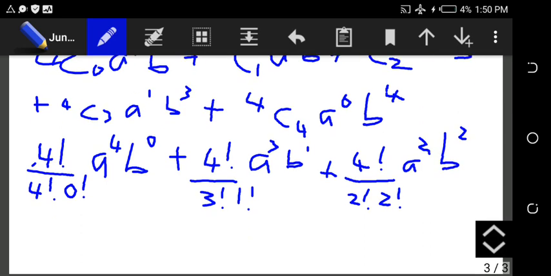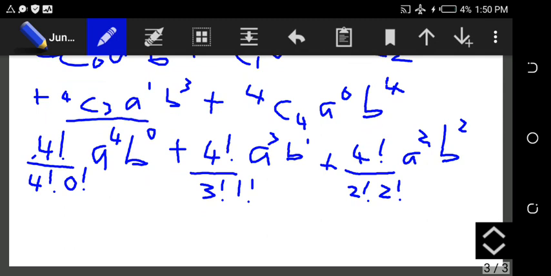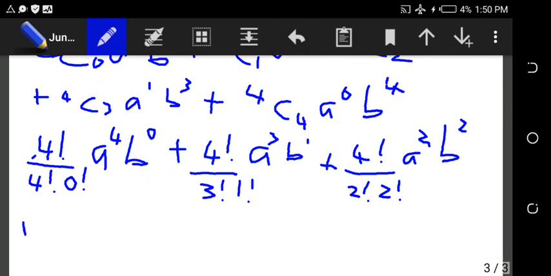Then we have for here, as the next one now, plus 4 combination 3. Simplifying that will give us 4 factorial all over 4 minus 3, that will give us 1 factorial, then our r factorial, that is 3 factorial, then a raised to power 1, b raised to power 3.